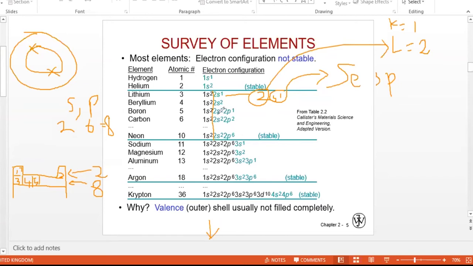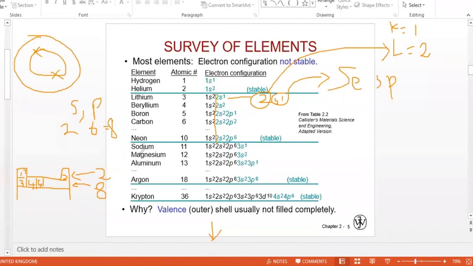So we can't write 2s3, because in the s orbit the maximum is 2. We write 2s2 and then 2p1. The 2 shows that it is in the second orbit, and the s and p show the secondary orbit. So boron is written 1s2, 2s2 and 2p1.